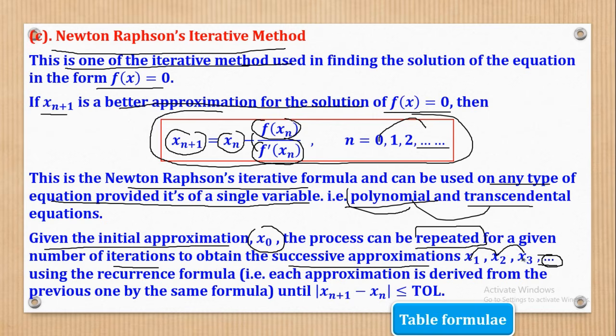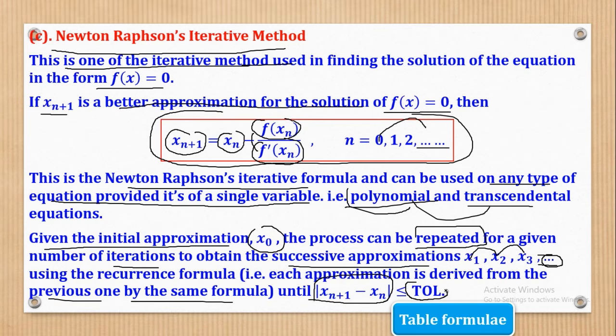For you to know where to stop, it depends on a term called tolerance. So using the recurrence formula, i.e. each approximation is derived from the previous one by the same formula until the difference in the two consecutive approximations is less than the tolerance.